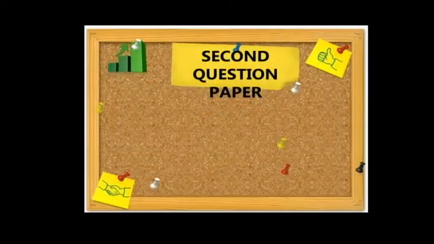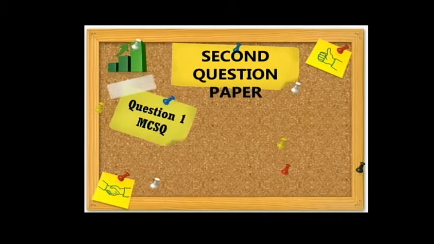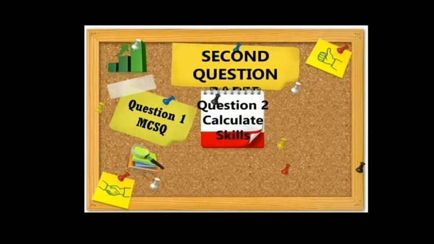The first thing I want to have a look at is, what does the second question paper look like? Firstly, the first question is multiple short questions. The second question will deal with calculations and your Mapwork skills or techniques.